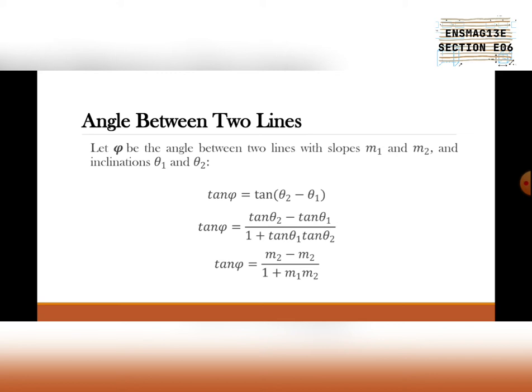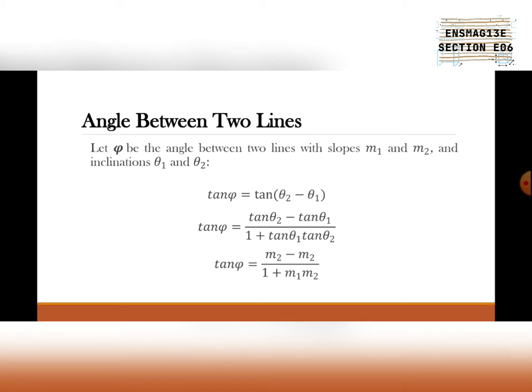phi plus theta 1 is equal to theta 2, leading us to phi is equal to theta 2 minus theta 1. Using the formula for the tangent of the difference of two angles, we will find tan phi is equal to tangent of the quantity theta 2 minus theta 1.